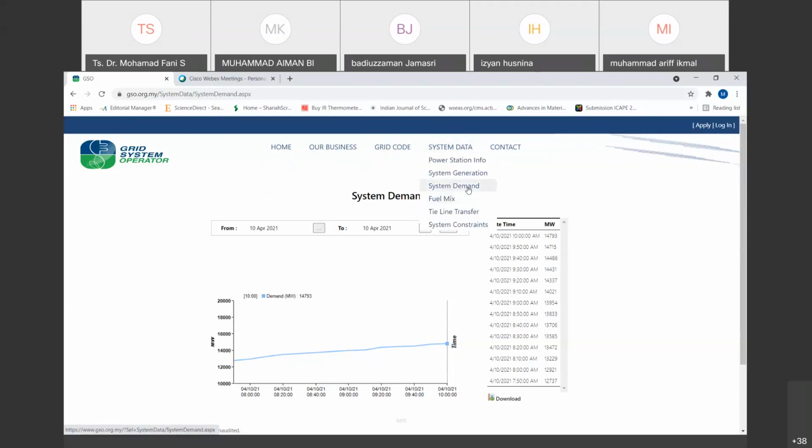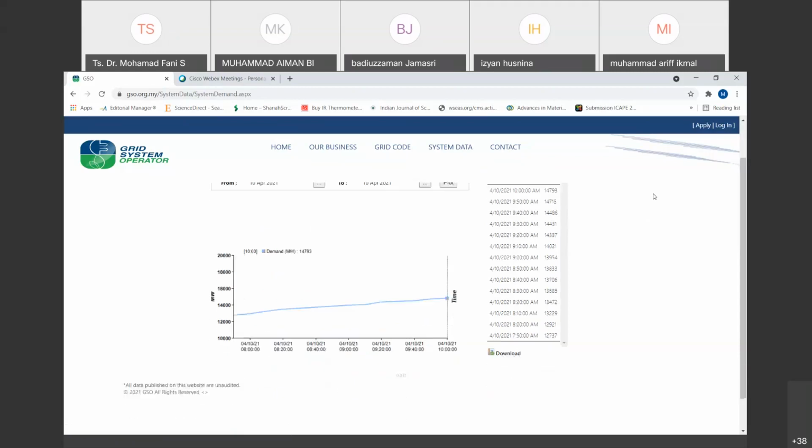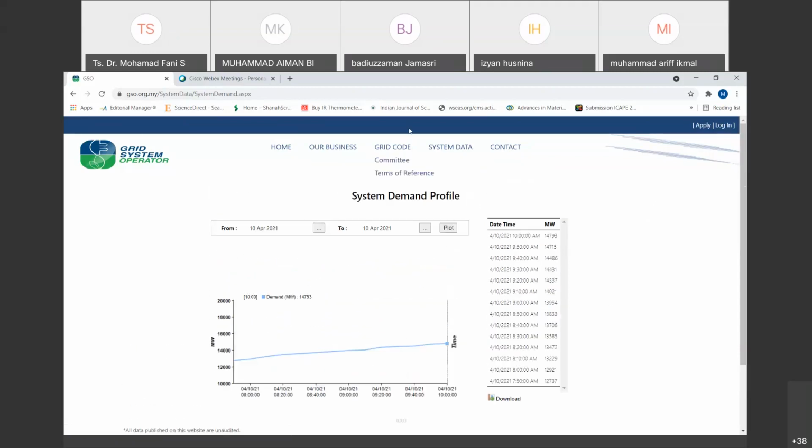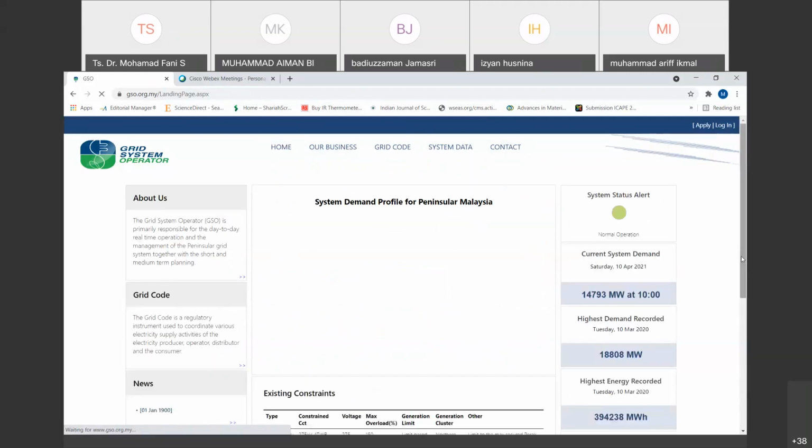So we can see here the system demand. System demand means the total demand for Peninsular Malaysia.